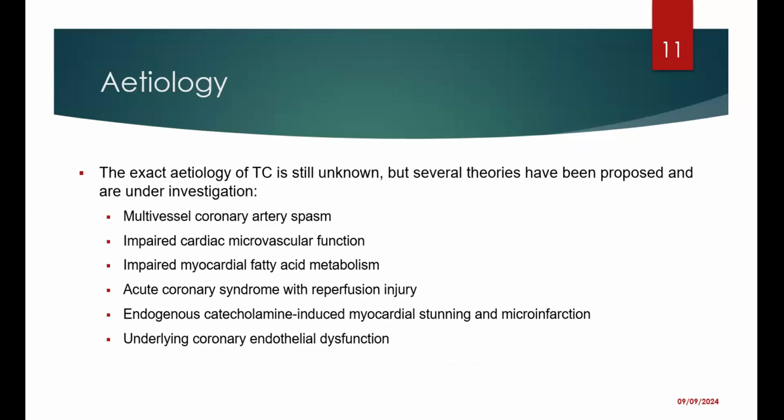The cause of this condition is unknown, but several theories have been proposed and are under investigation. These theories include multivessel coronary artery spasms, impaired cardiac microvascular function, impaired myocardial fatty acid metabolism, acute coronary syndrome with reperfusion injury, endogenous catecholamine-induced myocardial stunning and microinfarction, and underlying coronary endothelial dysfunction.